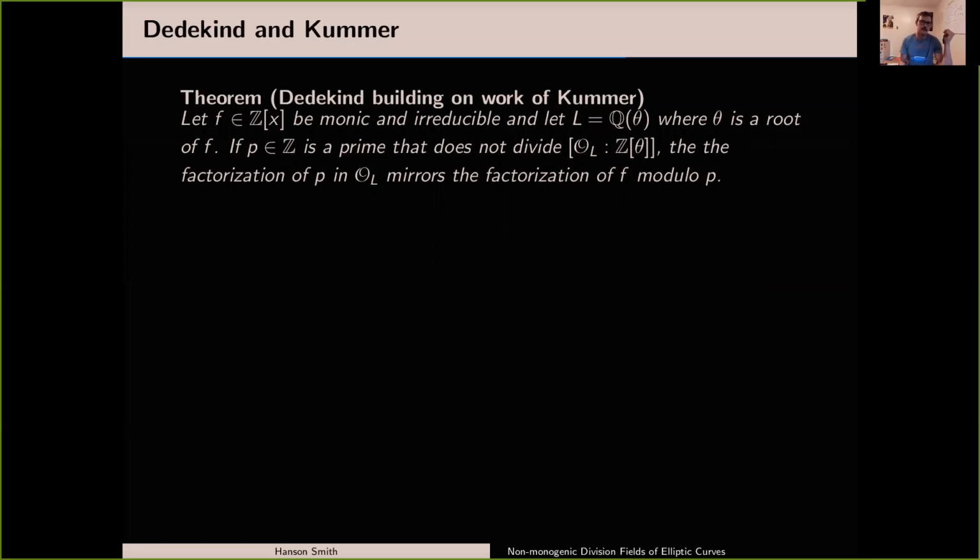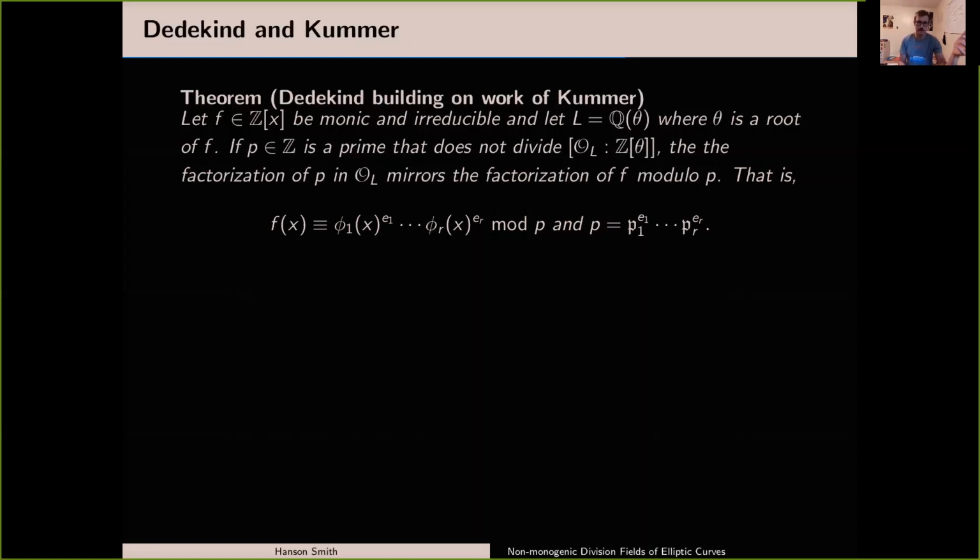So let F be a monic irreducible polynomial, and let L be Q adjoined a root of F. If I have a prime that doesn't divide the index of Z adjoin this root of F in the maximal order of L, the ring of integers, then the factorization of P in the maximal order mirrors the factorization of F modulo P. More specifically, we have this relation.